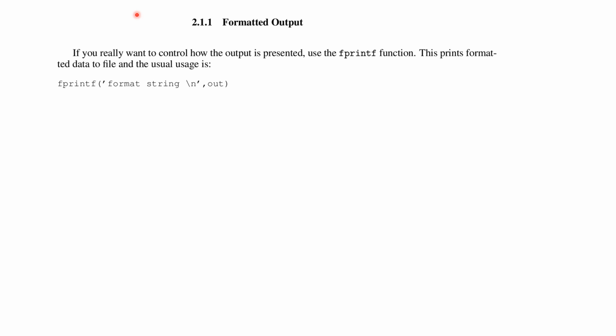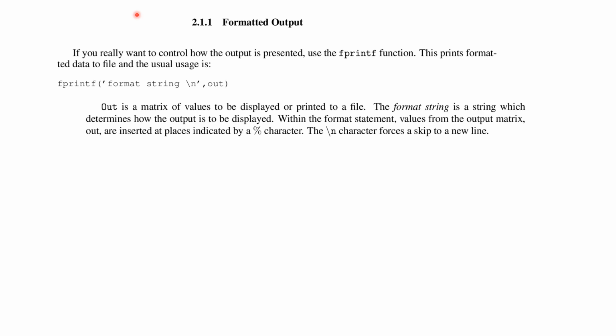Now the output from our little program was quite crude, and there are better ways of doing it, and we're going to use this fprintf function. This is common to many computer languages. You'll have a format string here, and the \n means when you've finished with that, make a new line, and it'll print what's in this matrix, which I've called out.